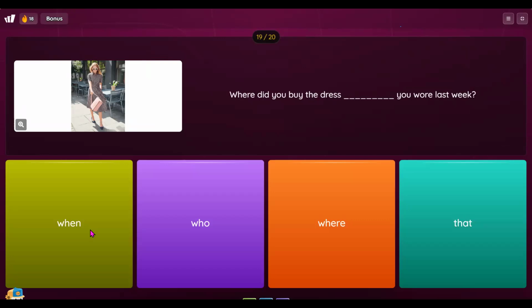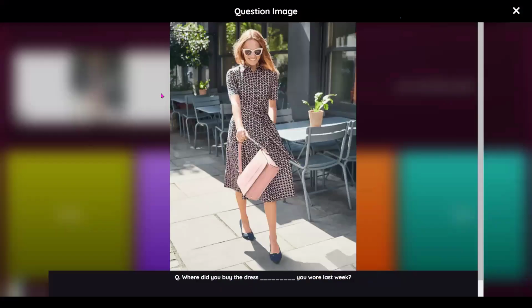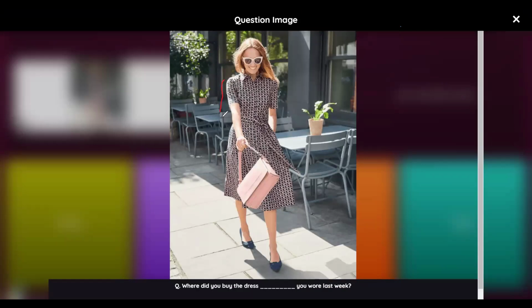It's the dress. It is something. What word is the best?